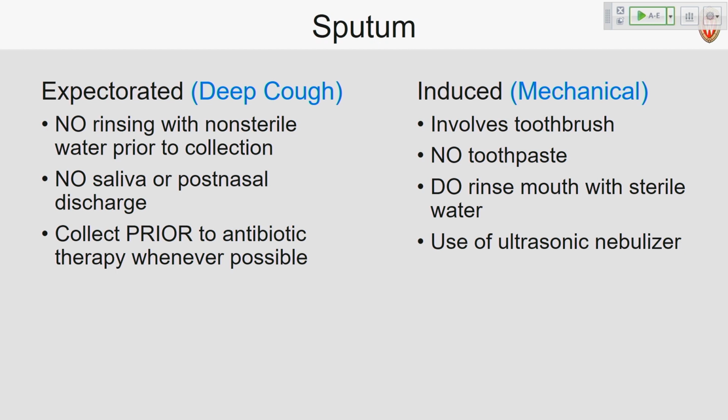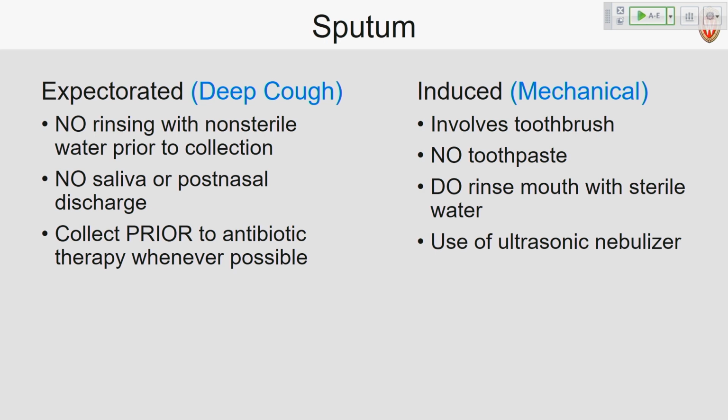The expectorated sputum is really a deep cough sputum. It does not have any rinsing with non-sterile water prior to collection, because you would be introducing potentially bacteria found in that water. No saliva or post-nasal discharge.